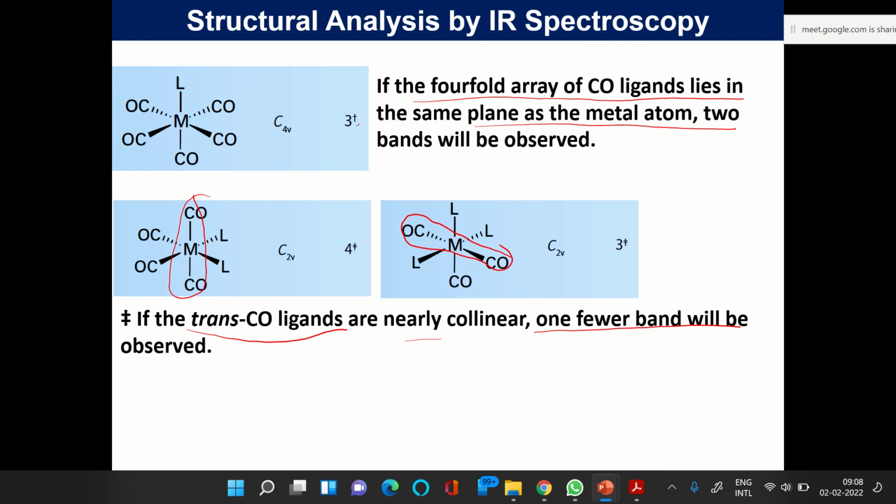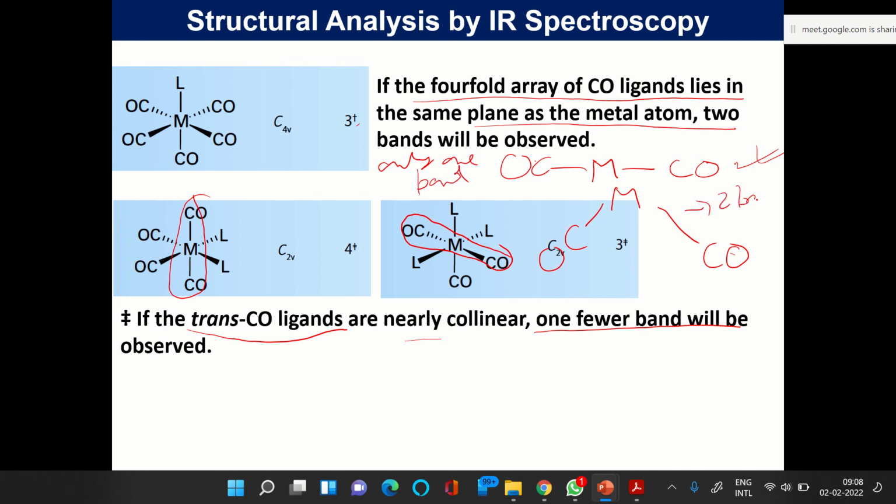We already discussed this point in the case of MCO, where we expect only one band, and here we were expecting two bands.